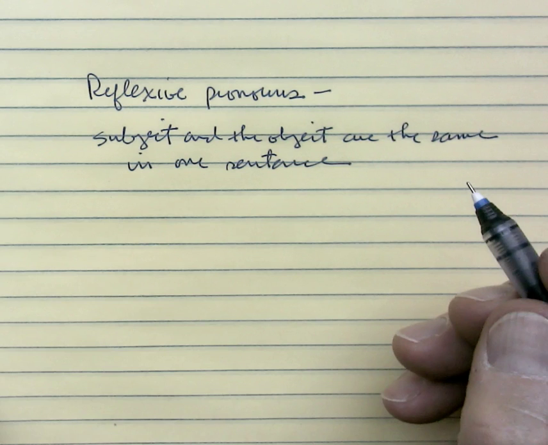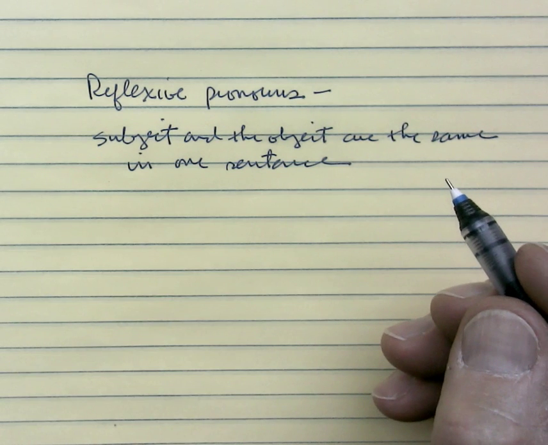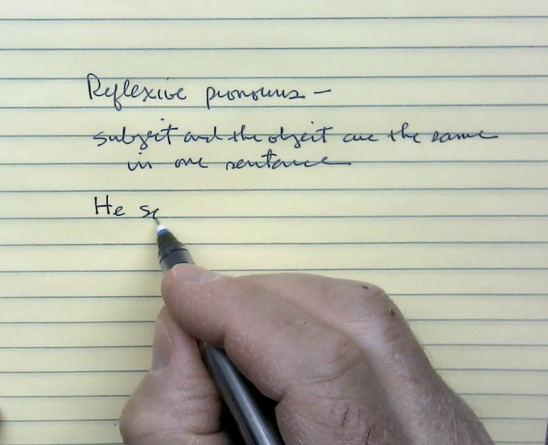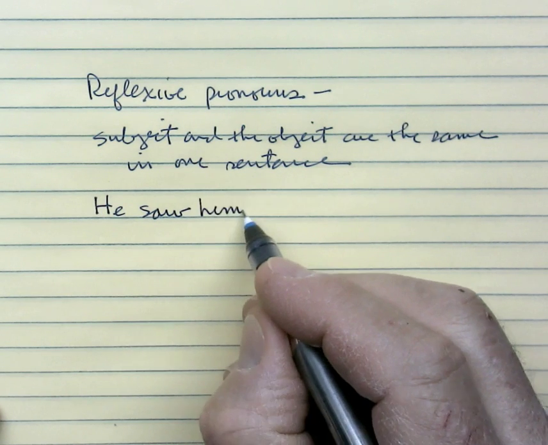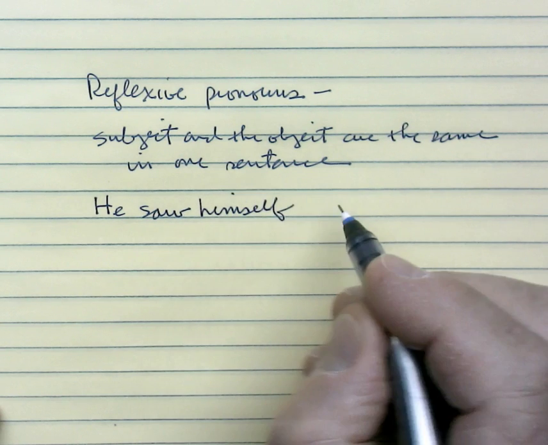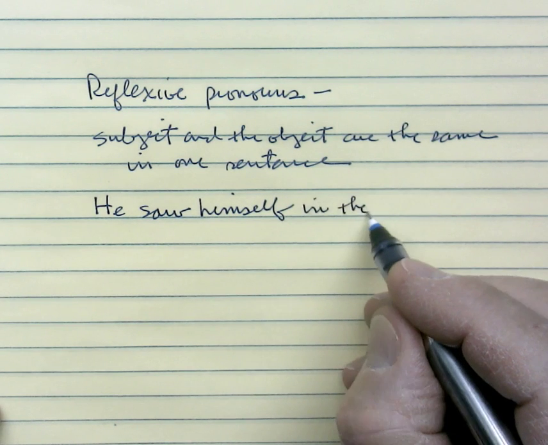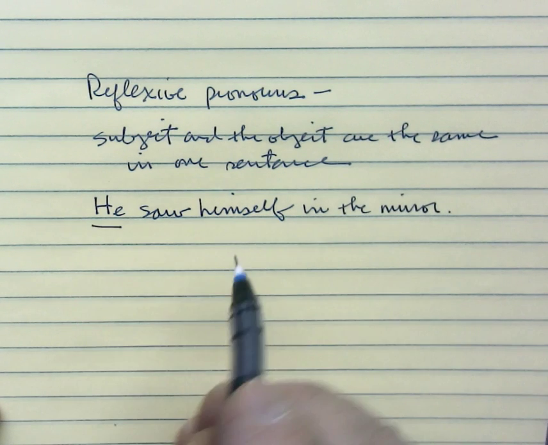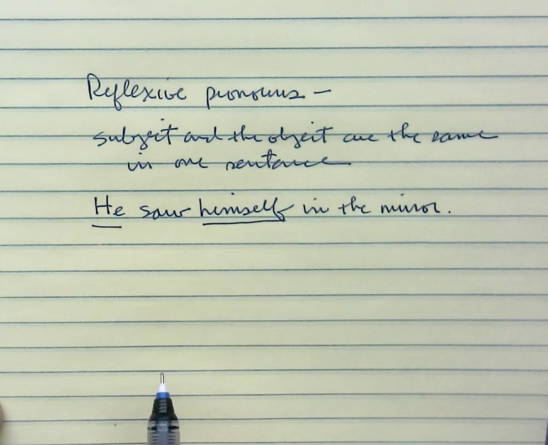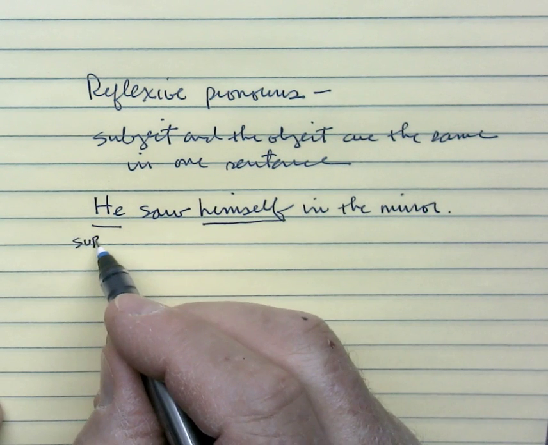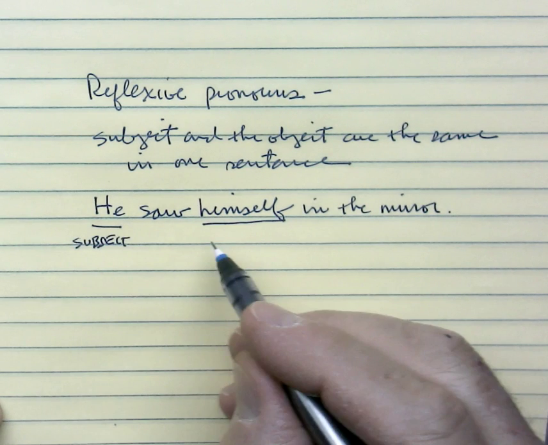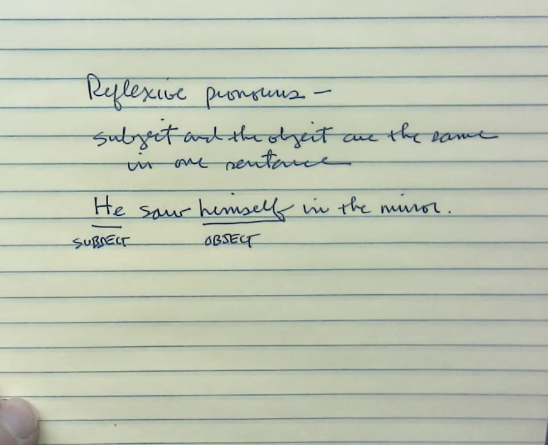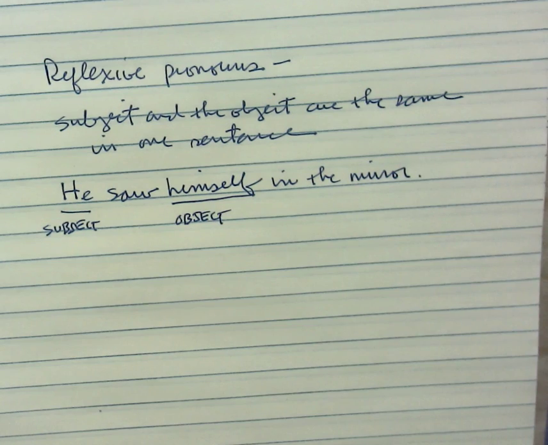So, for example, he saw himself in the mirror. The subject is the same as the object. And because they're the same, we use a reflexive pronoun.